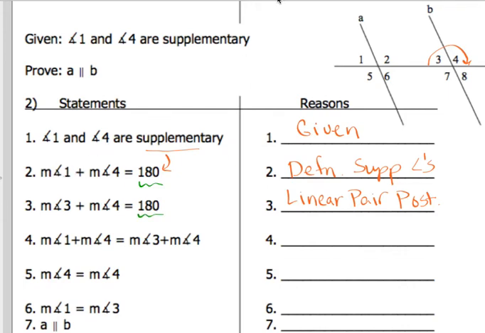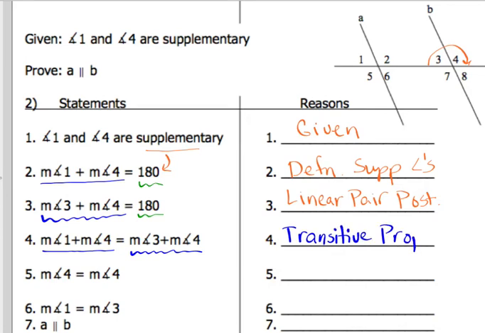And they are taking this measure of angle 1 plus the measure of angle 4, and the fact that this is 180, so here's measure of angle 1 and measure of angle 4, and they know that it's 180, and they're taking out this 180, and they are putting the measure of angle 3 plus the measure of angle 4, and they are linking these two blue ones together, taking out that middle man that was that 180, using that transitive property. In this particular statement, it's an equal sign in the middle, so we'll put transitive property of equality there.